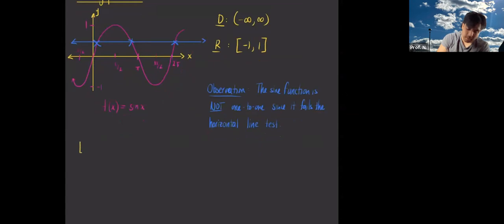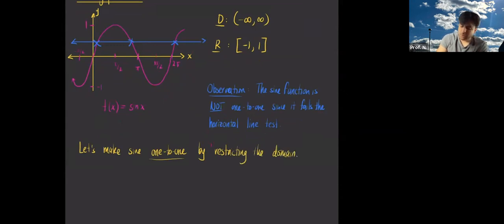So let's make sine 1 to 1 by restricting the domain. So we're going to be restricting, quote unquote, the domain.